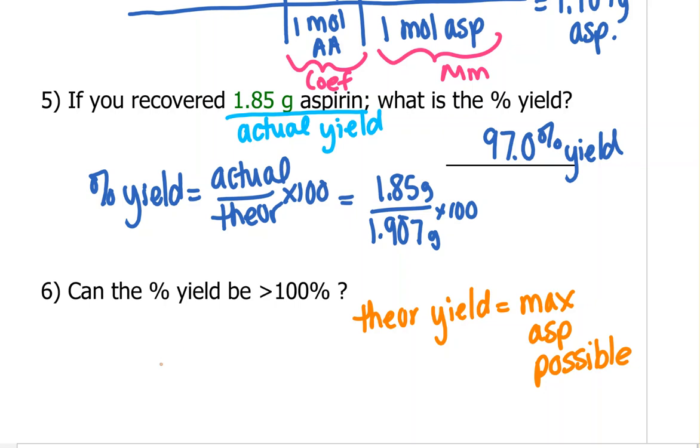So if your numbers come out over 100%, it probably means that you have a contaminant. In other words, you're not weighing just pure aspirin for your actual yield. The most common contaminant in this experiment is to have water left in your aspirin because we don't get it totally dry with the way we do it.